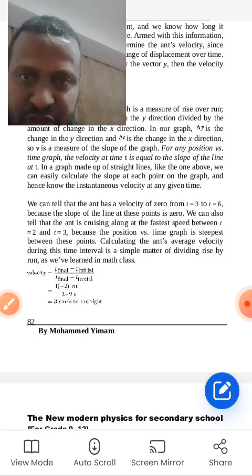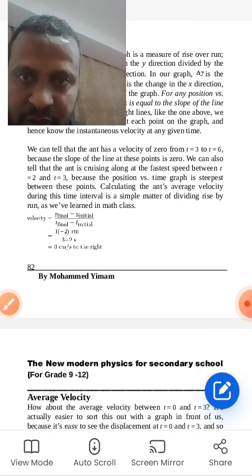So final y minus initial y over final t minus initial t. Therefore 1 minus negative 2 centimeters divided by 3 minus 2 seconds. That means 3 centimeters per second to the right.